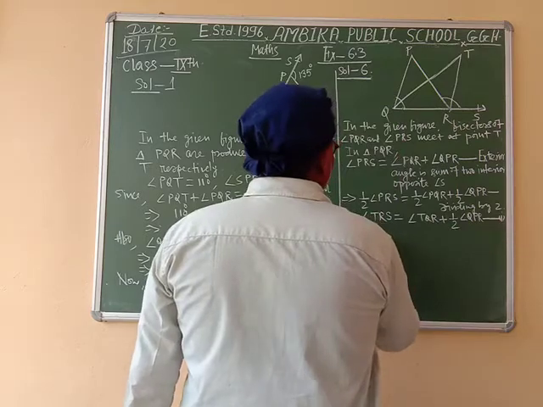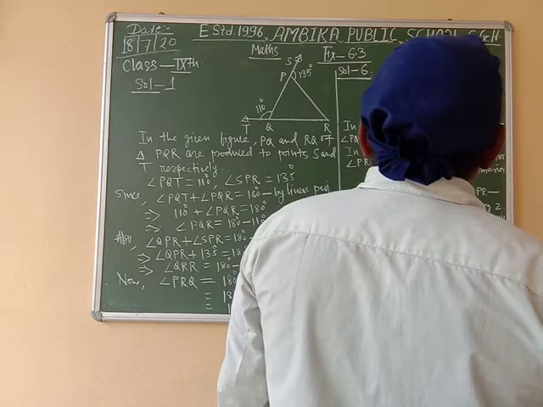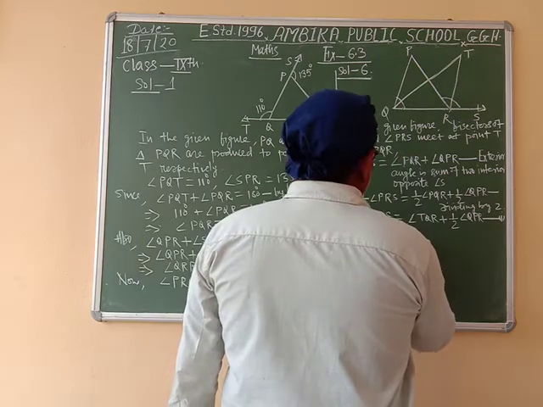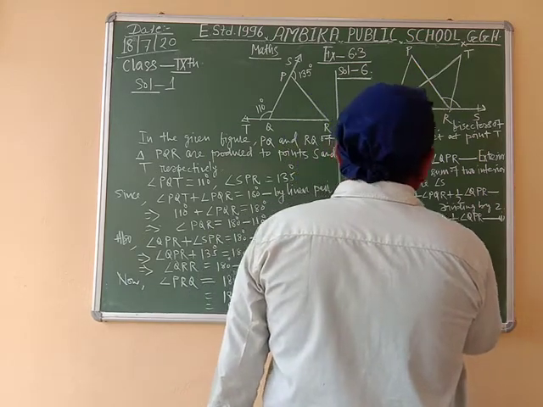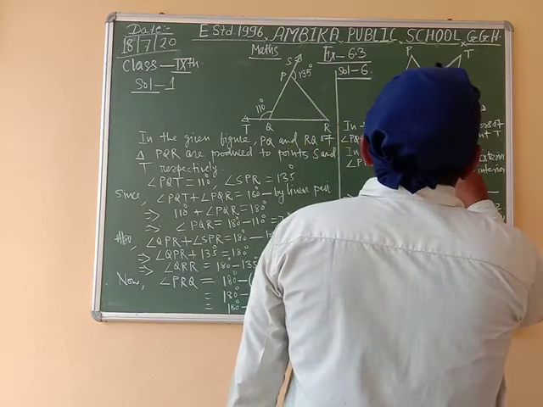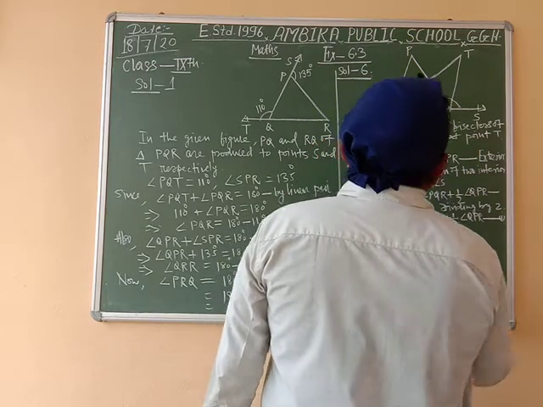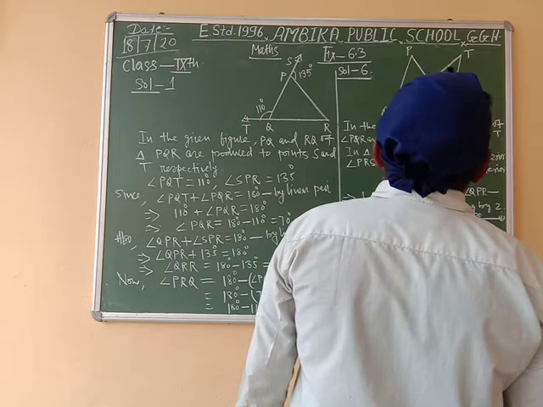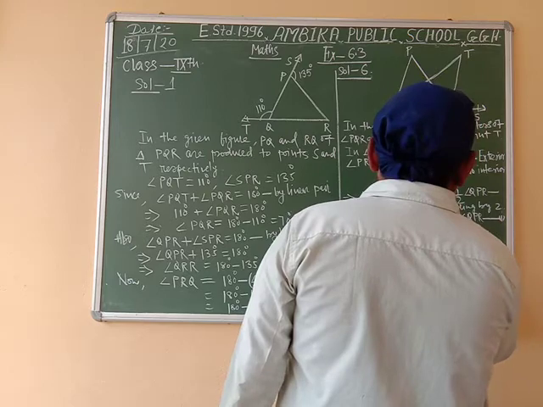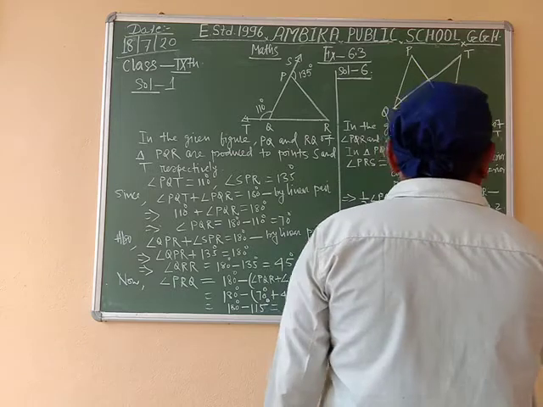Also, in triangle TQR, angle TRS is equal to angle TQR plus angle QTR.